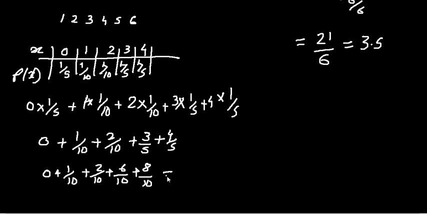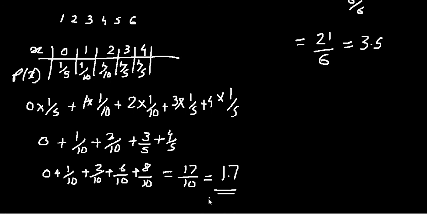If I add them all up, I get 3 plus 6 is 9, 9 plus 8 is 17, 17 by 10. The expected value per turn is 1.7. I know there are big values and small values, so you can get 0, 1, 2, 3 or 4, but the average value per turn is 1.7 in this case.